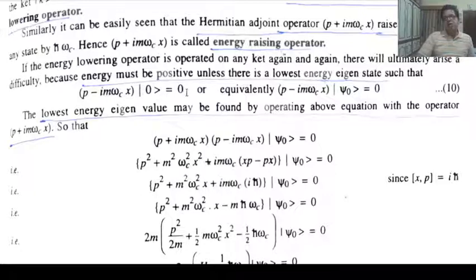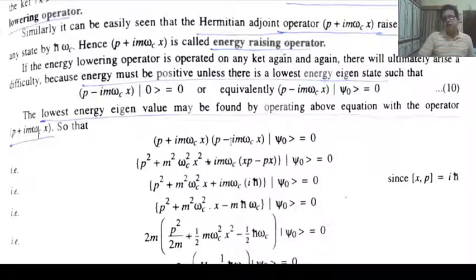ket 0 equal to 0, or equivalently P minus iota m omega C, psi 0, ket psi 0 equal to 0. The lowest energy eigenvalue may be found by operating above equation with the operator.